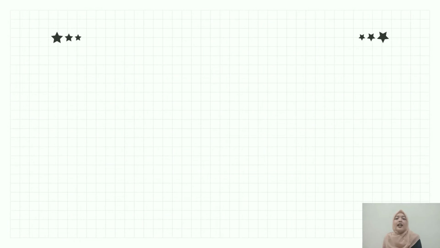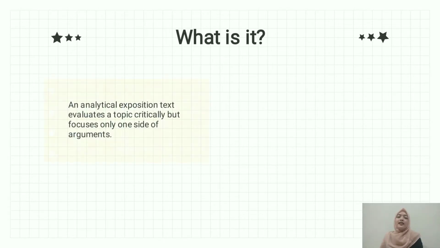But first, let's get to know about the basic concepts. What is analytical exposition text? Do you know it? Let's get to know. An analytical exposition text evaluates a topic critically but focuses only on one side of arguments.